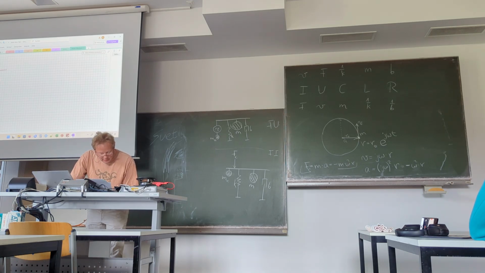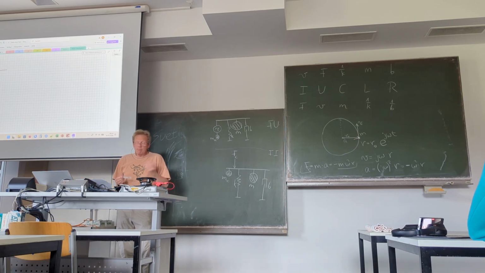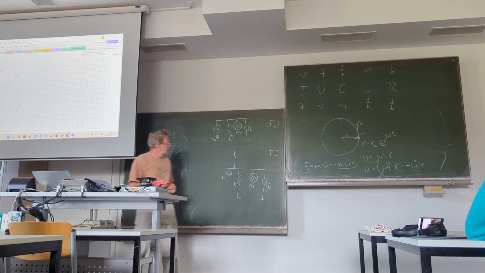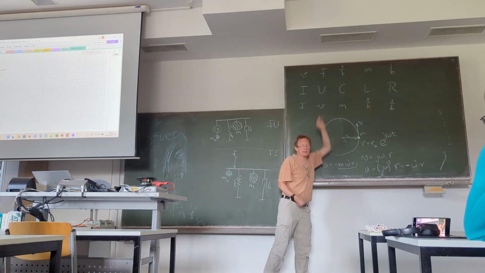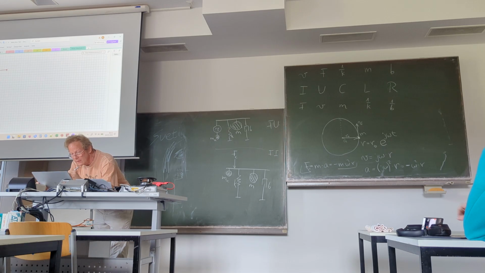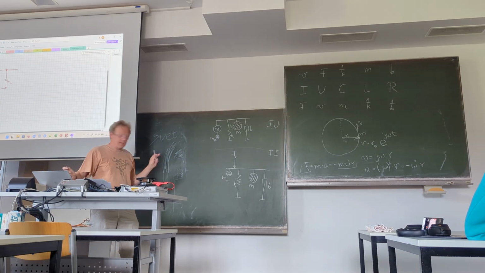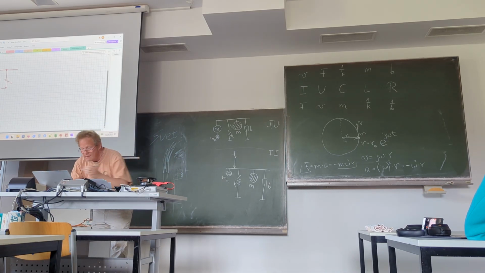Then we have in parallel an unbalanced mass. Mass is a capacity. So we know that mass becomes a capacity. Grounded capacity, but that's fine, everything is grounded here. So this corresponds to mu. Then we have damping and elasticity.